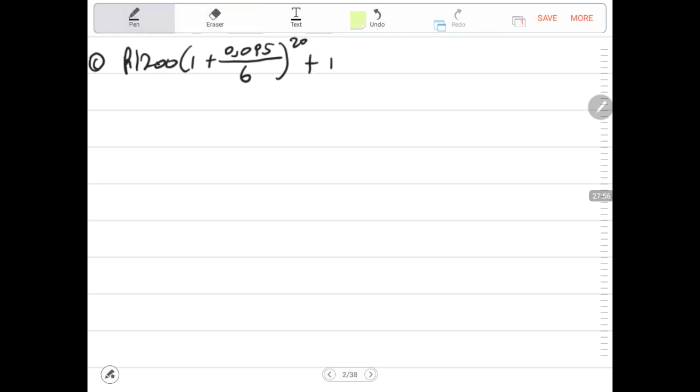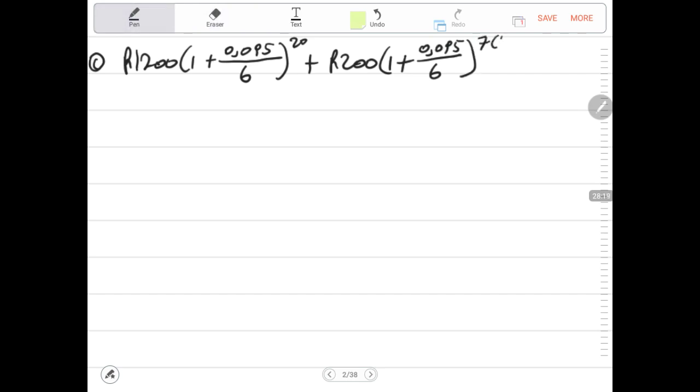Then we say plus an amount of 2,000 that was invested during the period, 1 plus 0.095, because this amount is earning the same interest per annum, which is compounded 2 monthly. So we say to the power of 7.